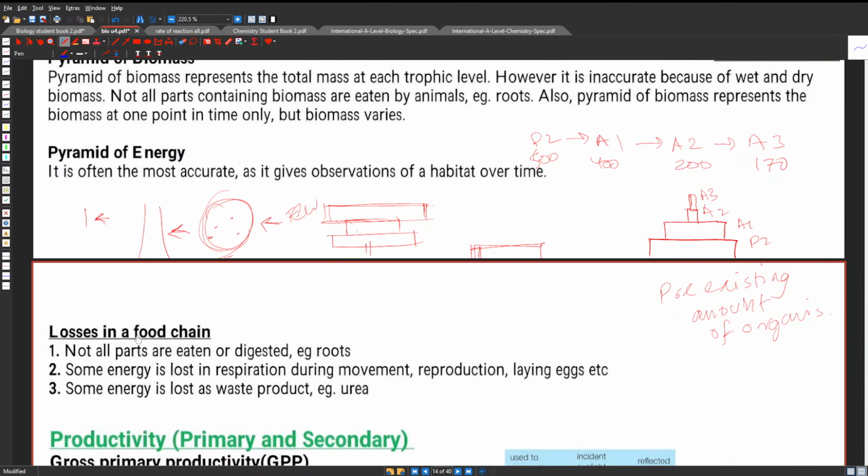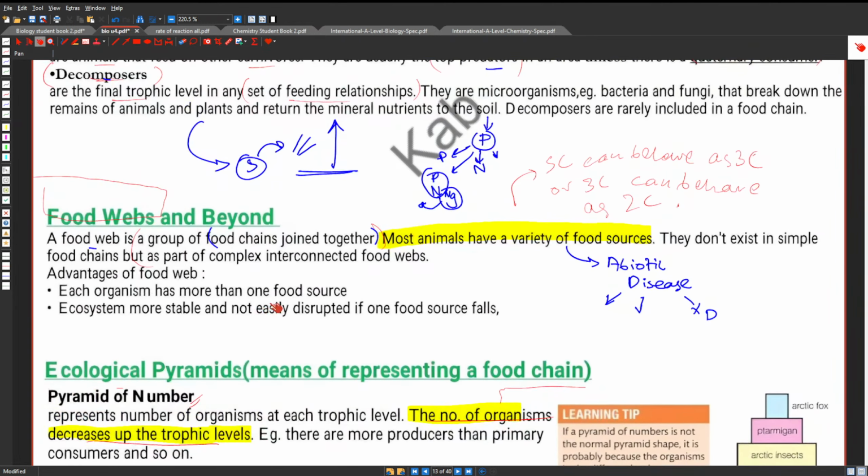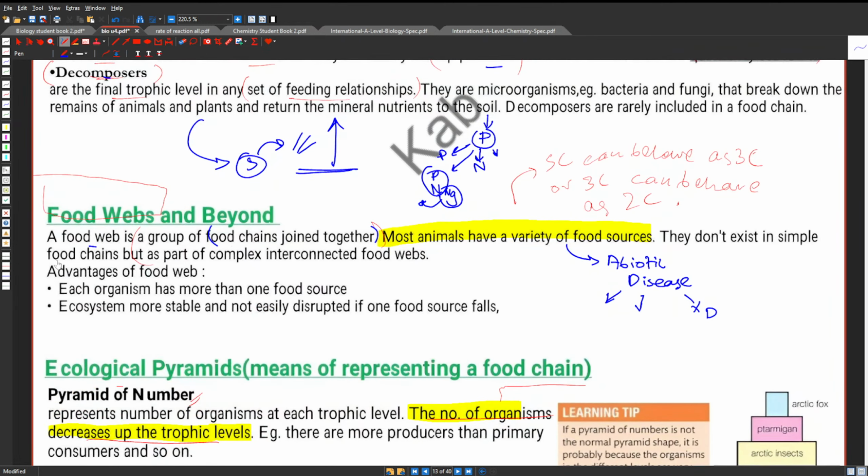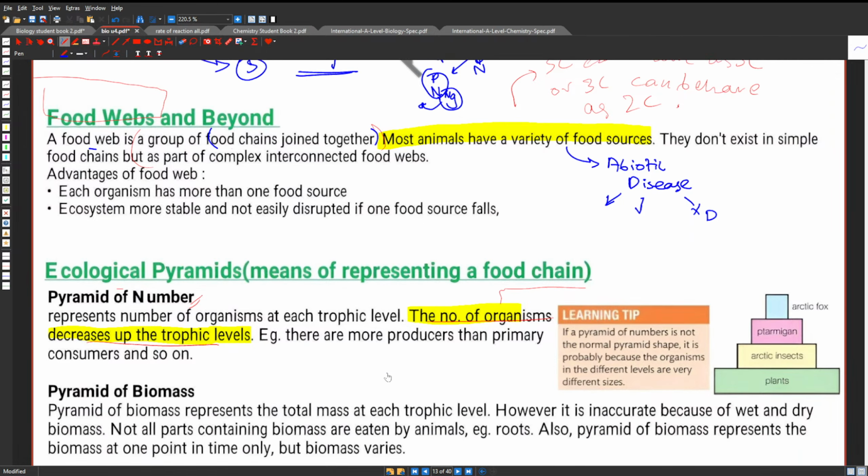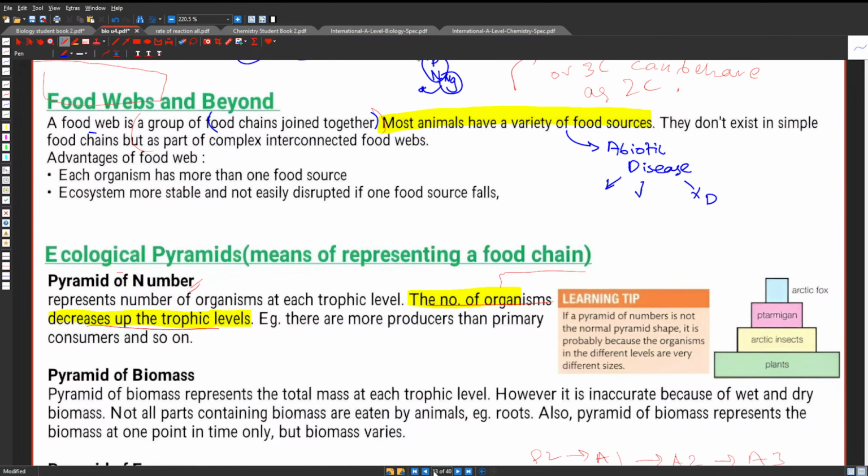Here are some losses in a food chain. By the way, I think one of the problems with the food web, of course, is since each organism has more than one food source, it's a lot more difficult to actually do experiments and figure out certain causes and effects of these animals.